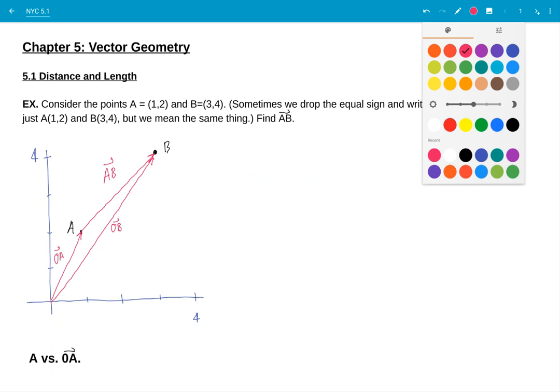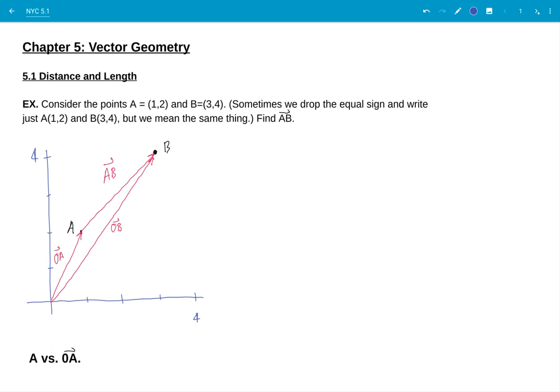Now, if I look at that diagram, I can see that taking this vector, adding this vector, gives me this vector. Think of it that way. 0A plus AB gives me 0B.